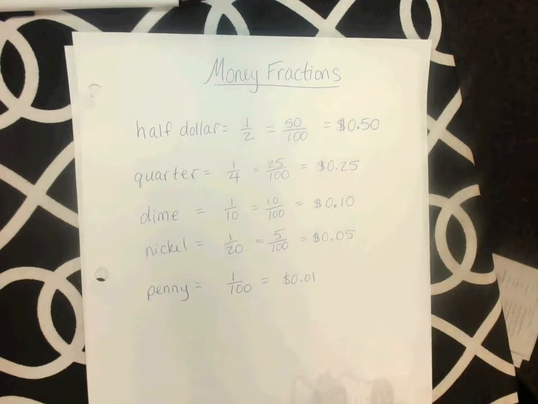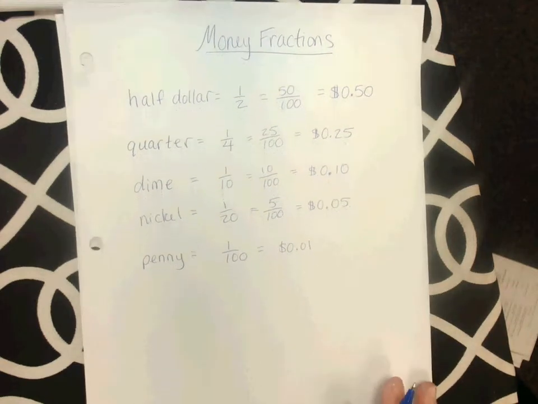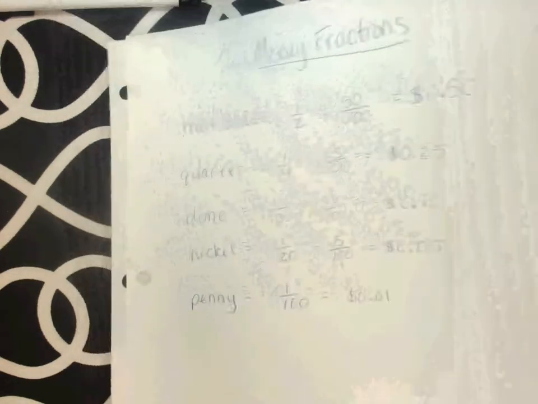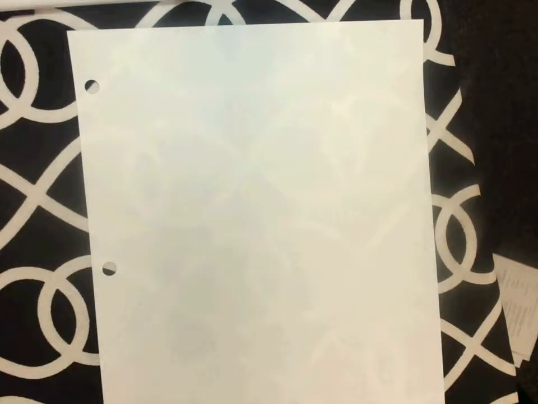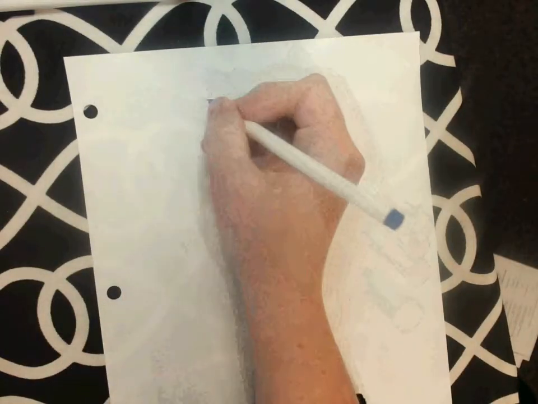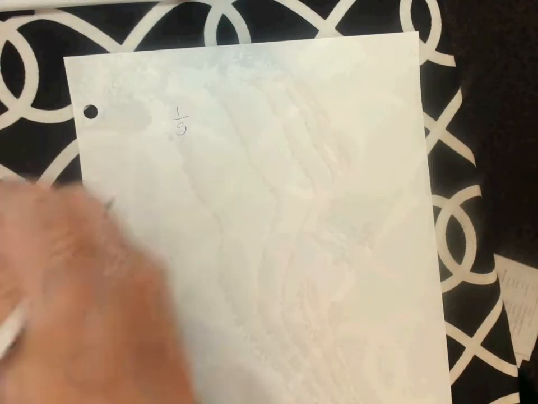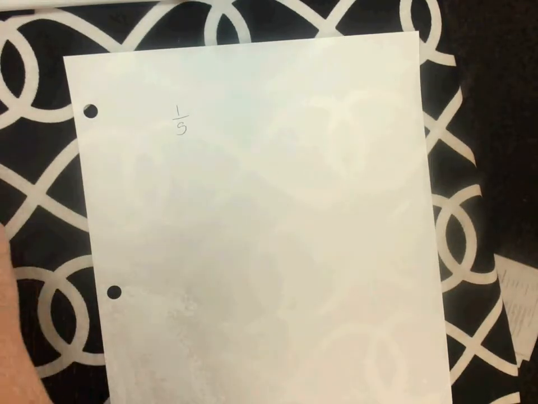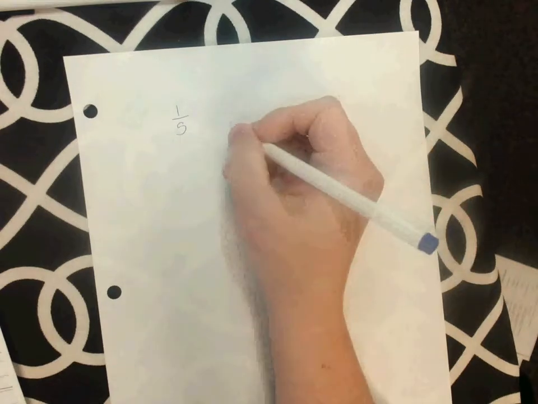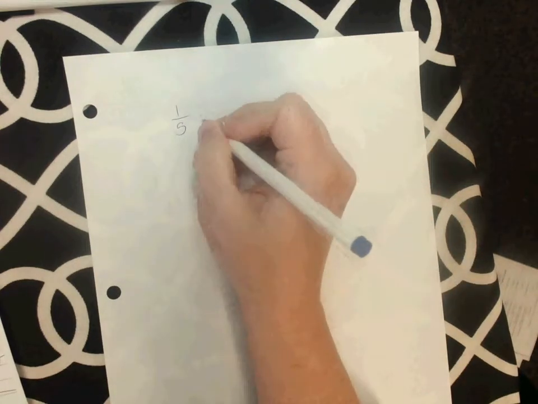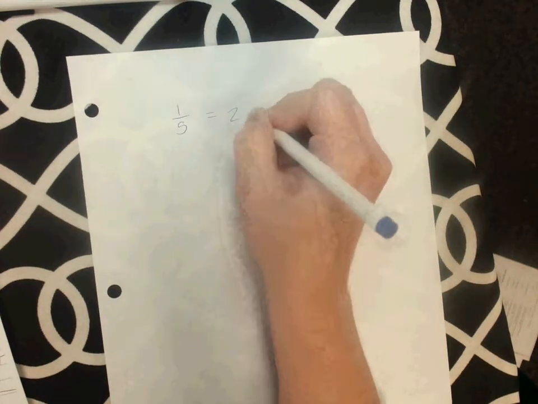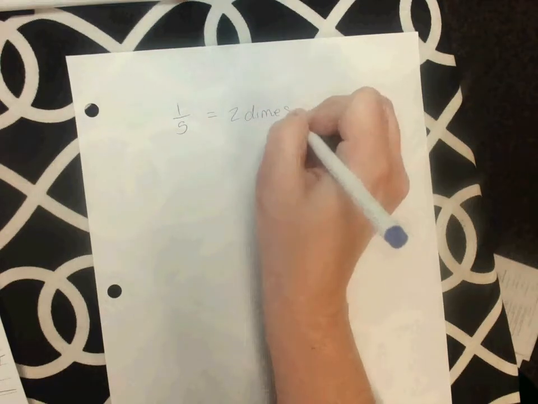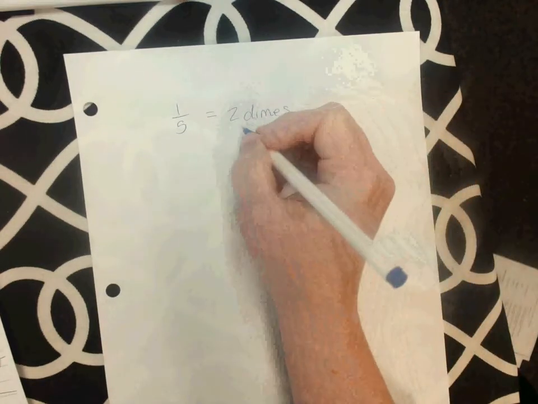Now here are a couple of fractions that can be tricky. One-fifth of a dollar is not a nickel. 1/5 of a dollar is actually equal to 2 dimes, or 20 cents.